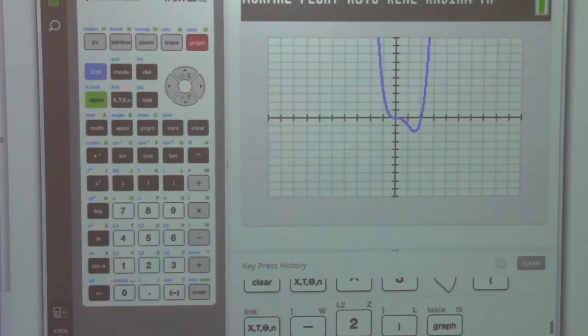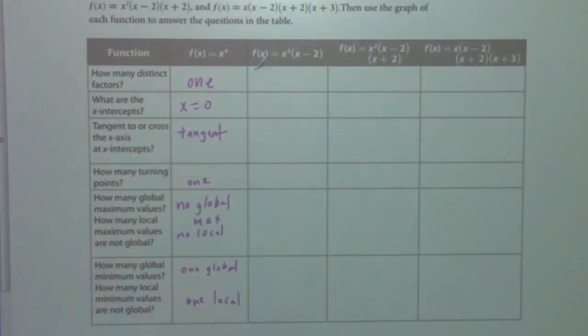So the first thing we're asked here is how many distinct factors do we have here? We have 2. Okay, we have x and we have x minus 2. What are the x-intercepts? X equals 0, x equals 2. Tangent to or crosses the x-axis.